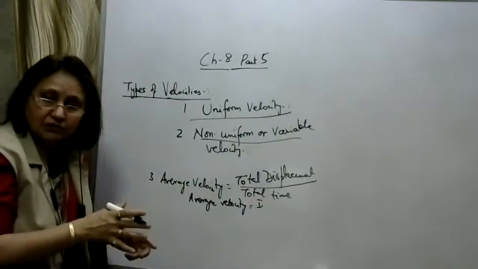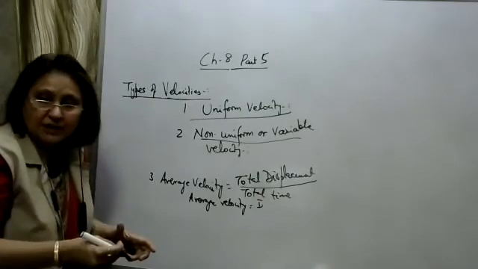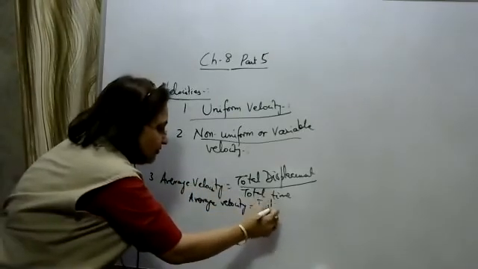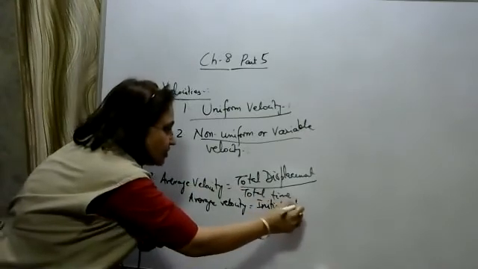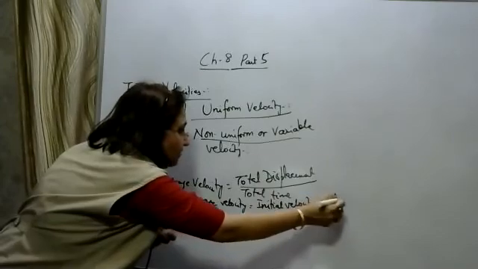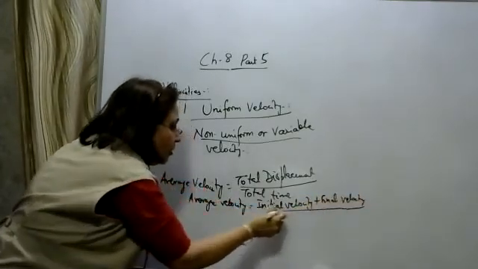How do we find the arithmetic mean? Add the initial and the final velocity and divide it by 2. So the formula is initial velocity plus final velocity upon 2.